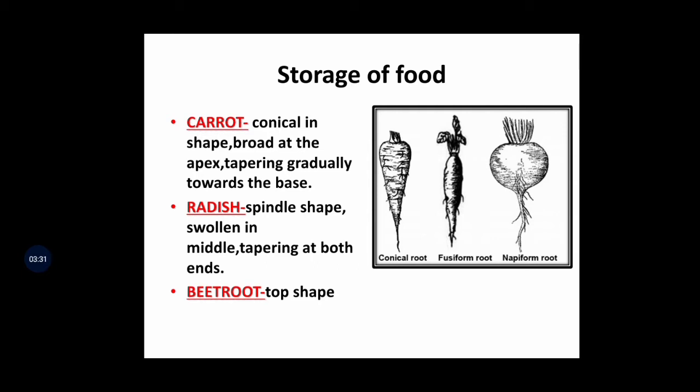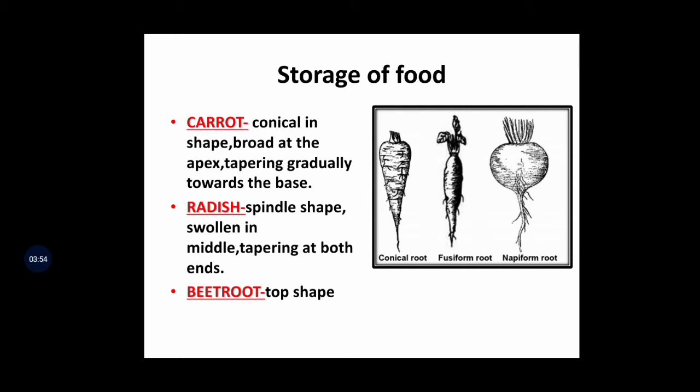Instead of thin, slender roots, they have become a place to store the food produced by them. Hence they are thick and swollen. One can notice that the taproot of radish is in the shape of a spindle, swollen in the middle and tapering at both ends. Such modified roots are called spindle-shaped roots.